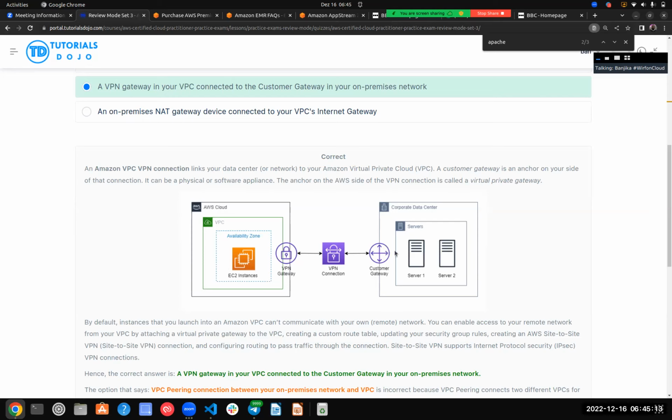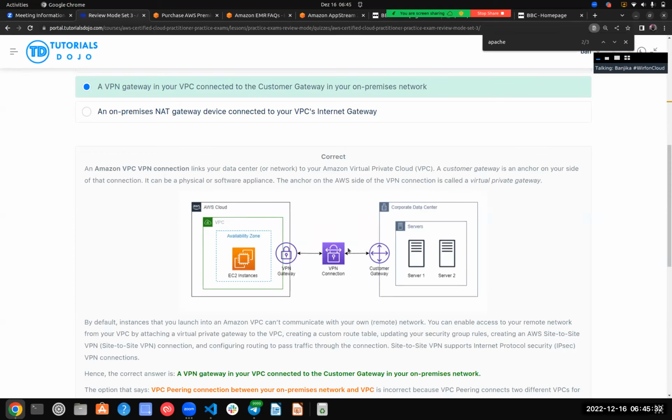Then at the customer, you always have a customer gateway, which can be a router that supports IPsec. Then you create a VPN tunnel, and they have to be connected. You're able to do this because the VPN tunnel goes over the internet.